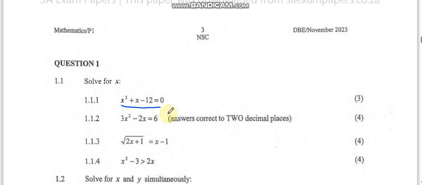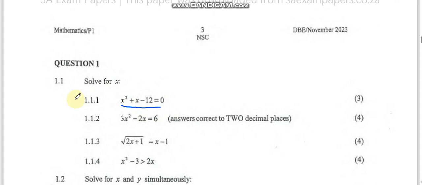It is going to be incorrect if we factorize when we're having a number here, maybe 1 or 2 or 4 or 10, and we leave that number out.